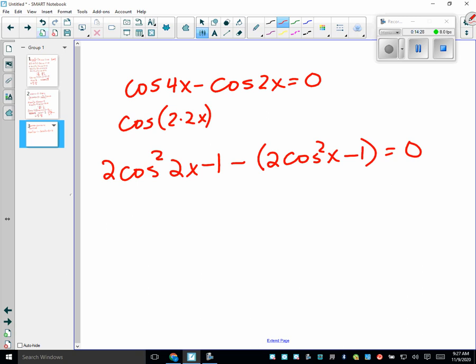Do you agree? So, could I change this to 2 cosine squared x minus 1?